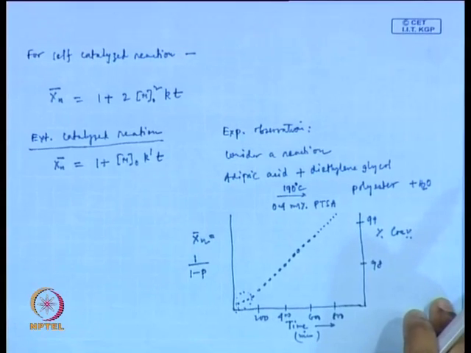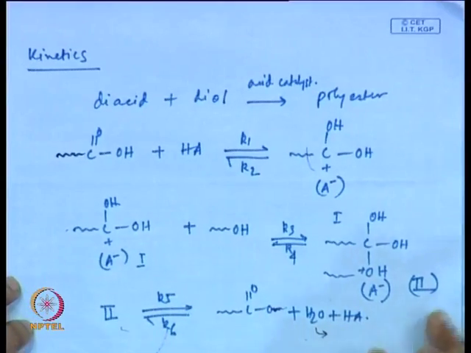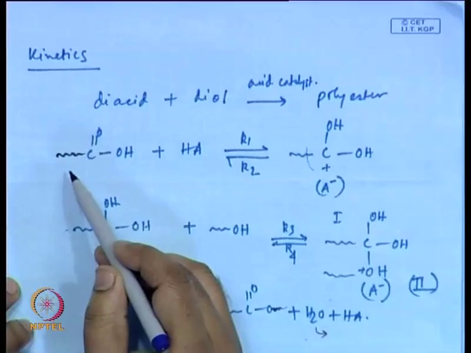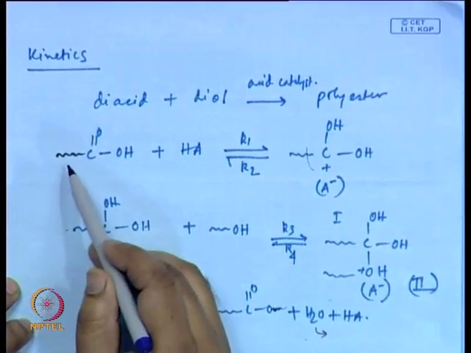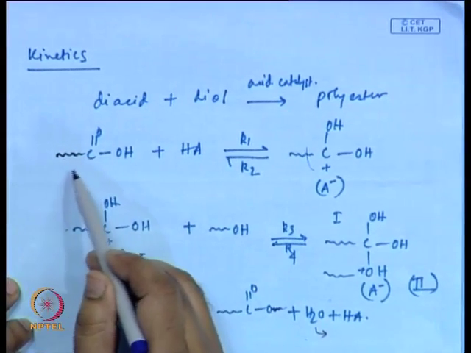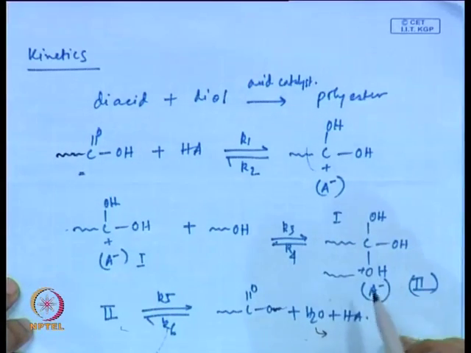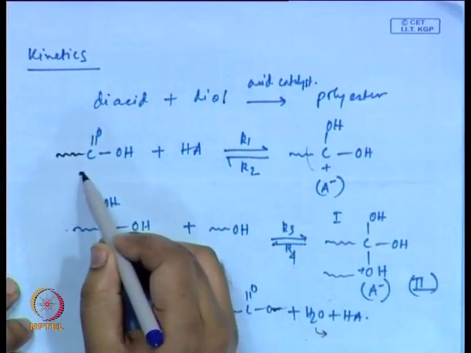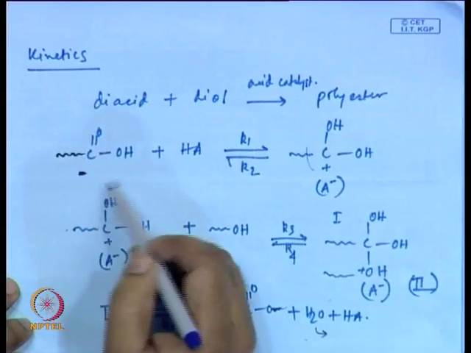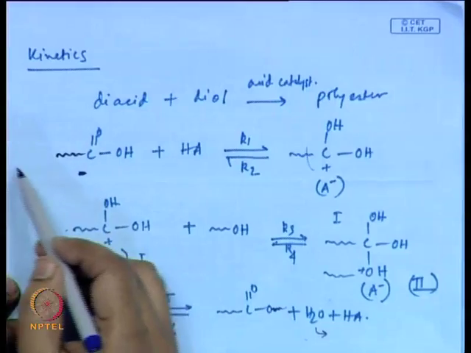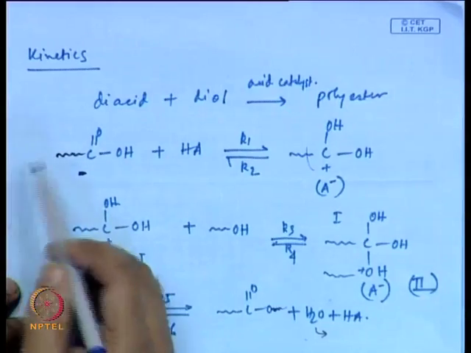Now, what does it mean? Remember the reaction, how did we go about the reaction? During the deduction of that kinetic expression, we have used functional group like this, which means we have considered the reactivity of functional group independent of the size of the molecules.